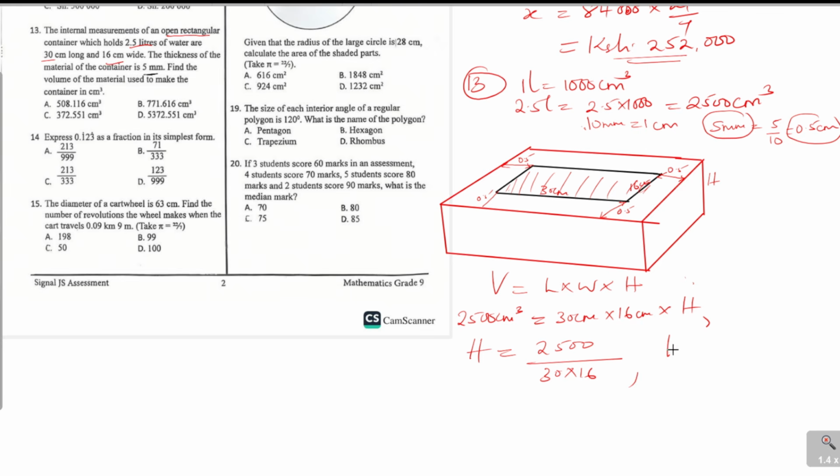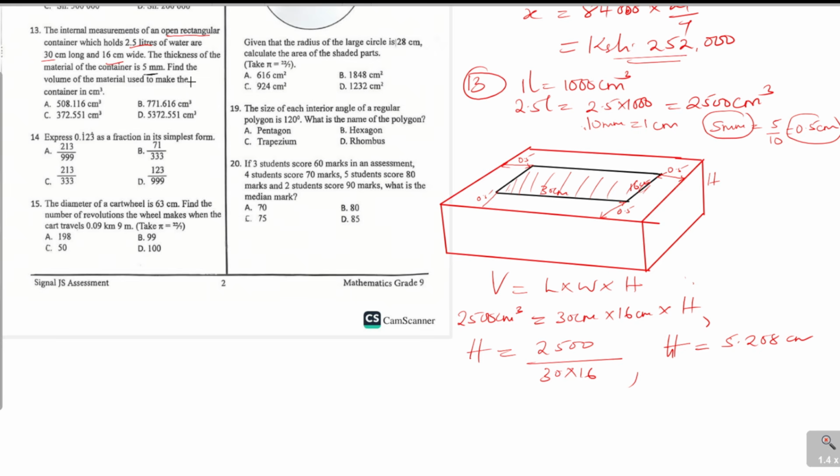So this is what is going to give us h. So h will be, when you work out this one using a calculator, you get 5.208 centimeters. So that is the height. And that is the internal height, because we are using the internal measurements to get the internal volume.